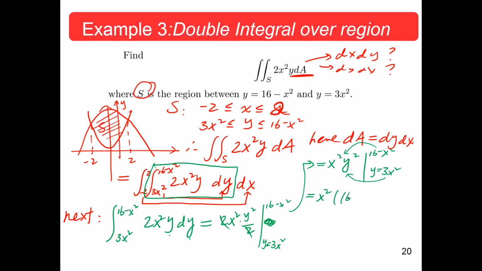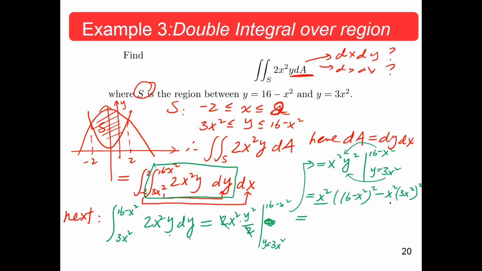So we have 16 minus x squared squared, minus whatever you get when you plug 3x squared in: x squared times 3x squared, that's y, and then squared. Is that good? Yes.